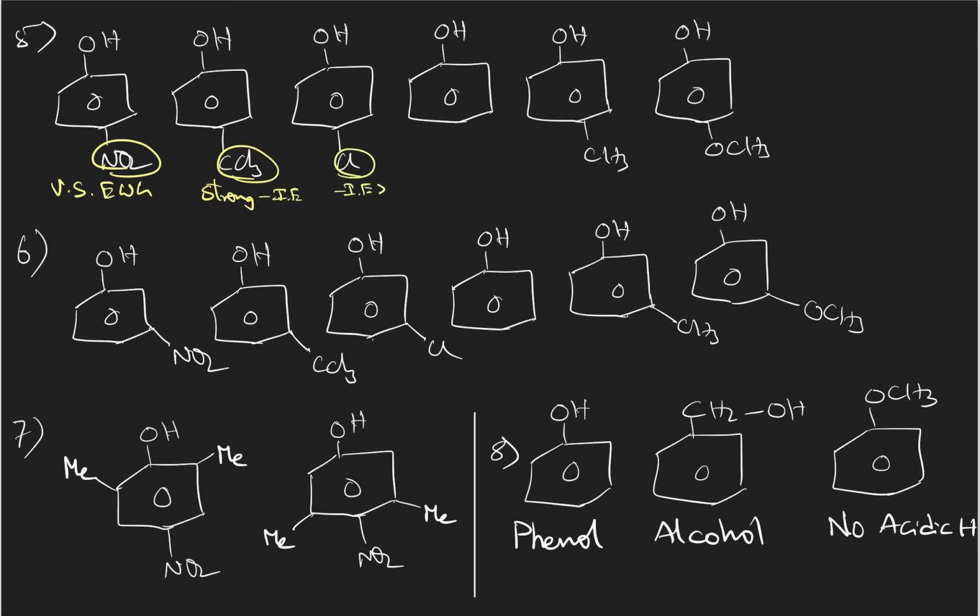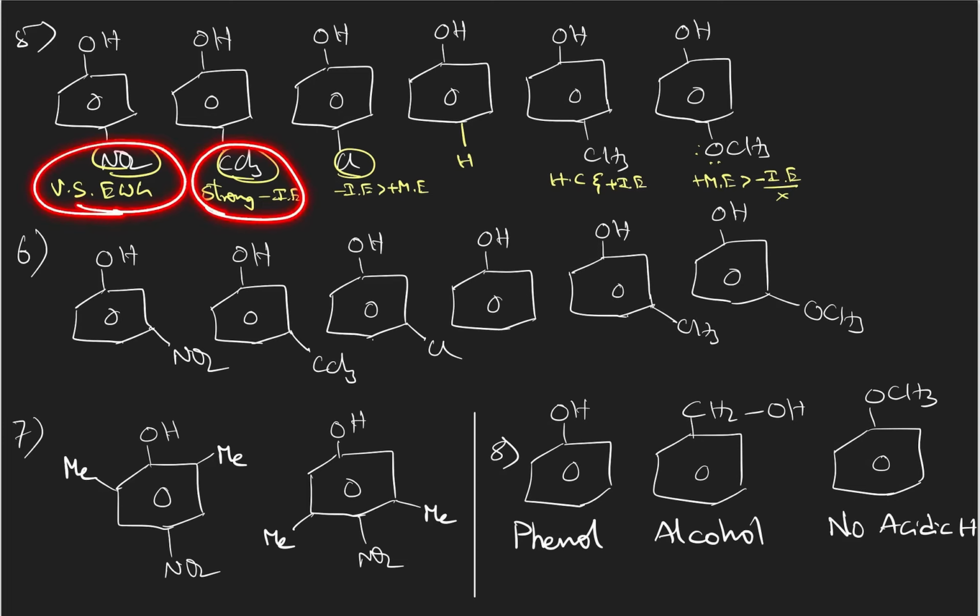Cl minus IE greater than plus ME. Hydrogen no electronic effect. Methyl hyperconjugation and positive inductive effect. And OCH3 positive mesomeric effect greater than negative inductive effect. And negative inductive effect almost negligible here, because it is at para position.